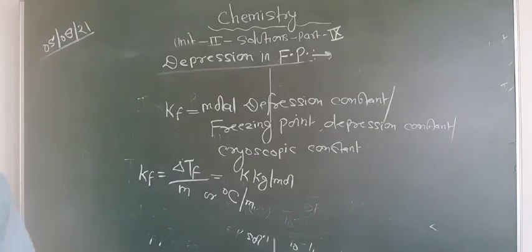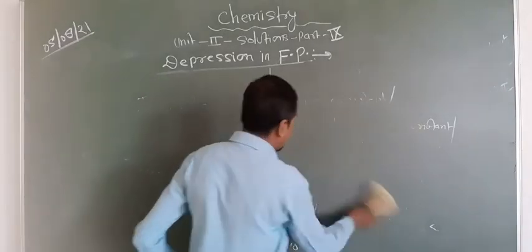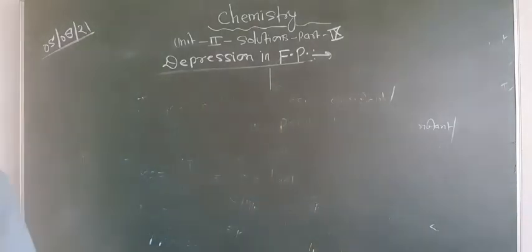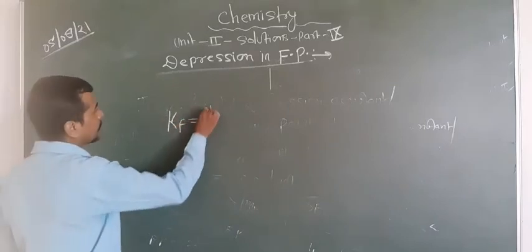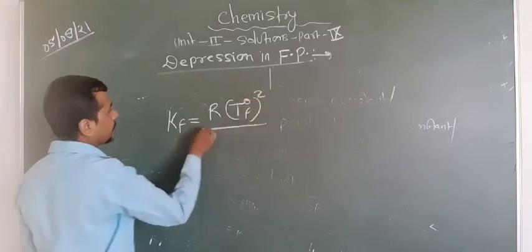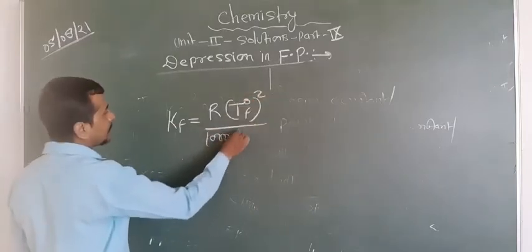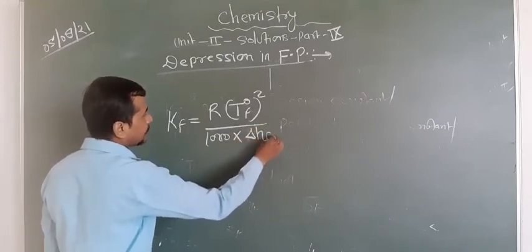Now let us focus on how we can find the value of KF. Just like KB, here we can also find the value of KF, looking at the similar conditions and formula. For this we can write KF equal to R into T naught F squared divided by 1000 multiplied by delta H fusion.